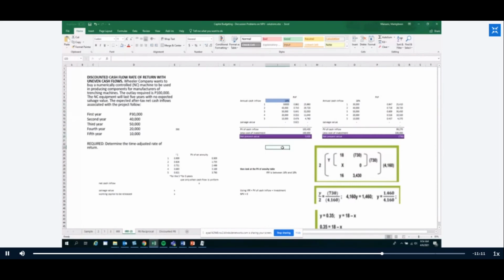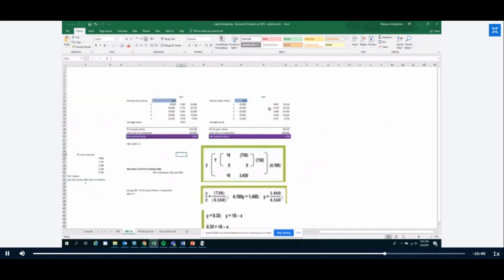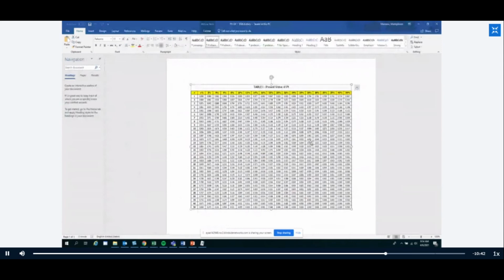Question, tama na ba na 16%? Ang sagot, hindi. Kasi 'di ba, sabi natin in IRR, net present value is equal to 0. So ibig sabihin kailangan pa natin ng iba pang rate. So next kong tinry is 18%. So in this case, kinuha ko naman ulit yung present value of 1 at 18%.